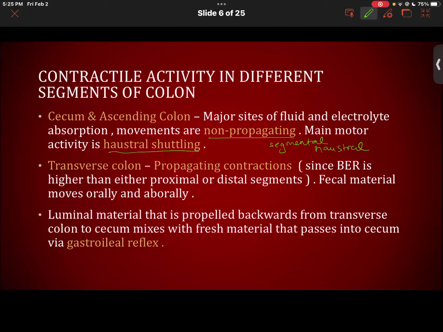The BER is higher than in either proximal or distal segments, which means the fecal material can move along the length, either forward or backward. That doesn't matter. Propagating means either direction. So fecal material moves orally, which basically in the GIT means backwards because the oral cavity is the first point of the GIT, and aborally. Aborally basically means opposite to oral, also known as towards the anus, right?